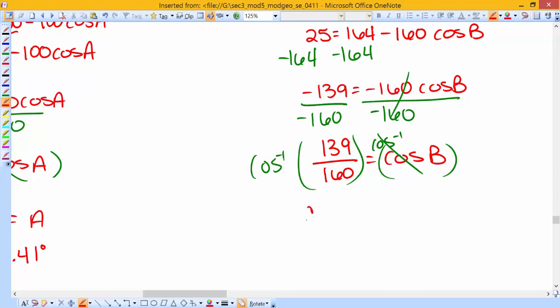Cancels. Cosine inverse of 139 over 160 equals B. So in my calculator, I've already checked the mode. 139 divided by 160, and I get 29.69.